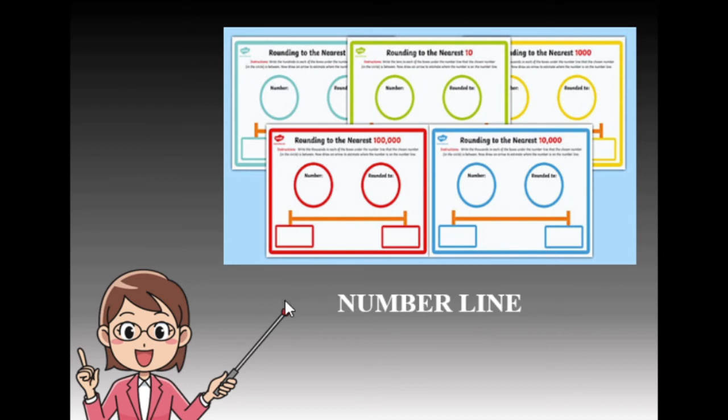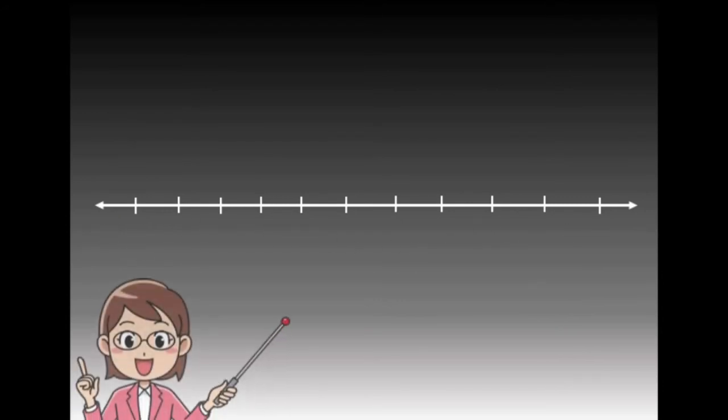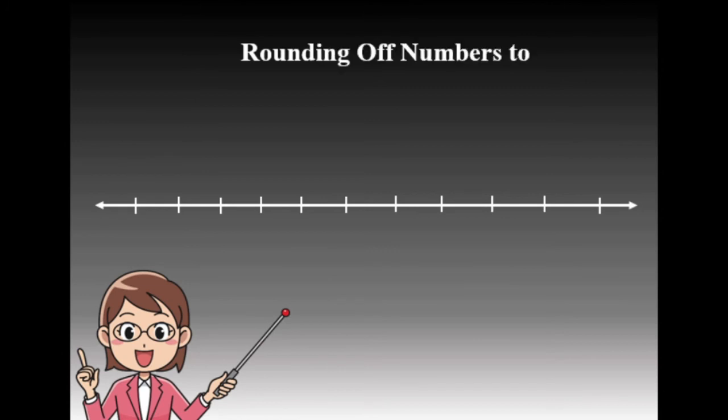So can you see the picture? The orange one is an example of a number line. So let's try this one. This is a perfect figure of a number line. Let's try to round all numbers to the nearest 10,000.